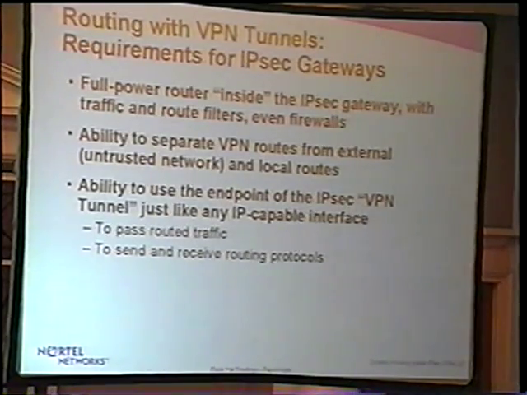Okay. The other thing in the way the gateway equipment is designed, you need to be able to use the endpoint of the IPsec VPN tunnel just like any IP-capable interface. It kind of gets into the definition of how routers are constructed, but that IP address needs to be able to pass routed traffic and also send and receive routing protocols.